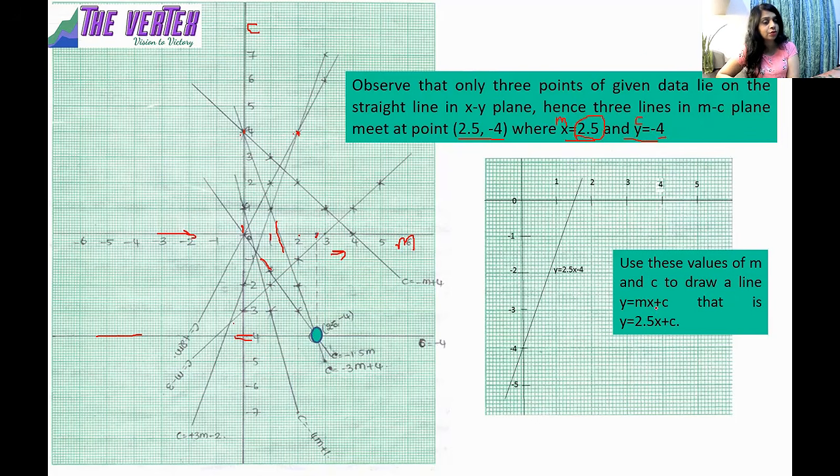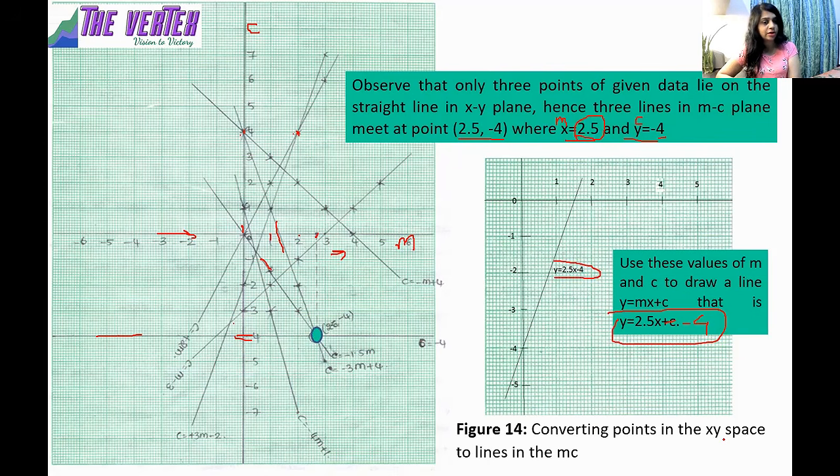The c value is -4. So mx plus c, here it should be minus 4. For this equation, you have to draw the line. So it is y equals 2.5x minus 4. This is the equation of this line. So this is your final solution.